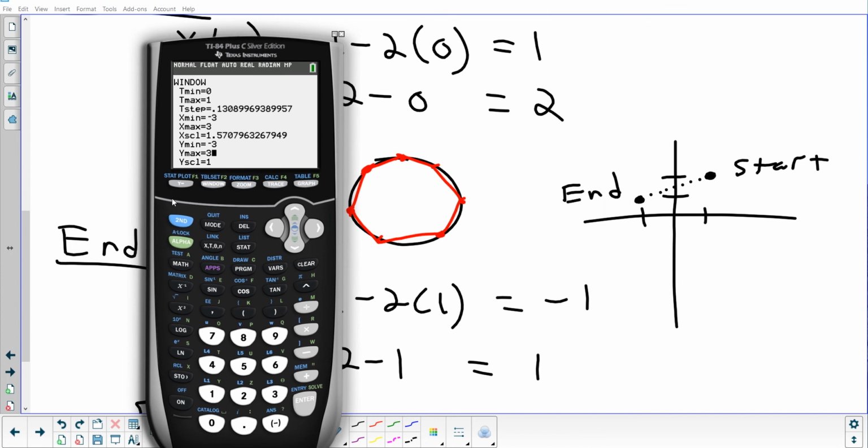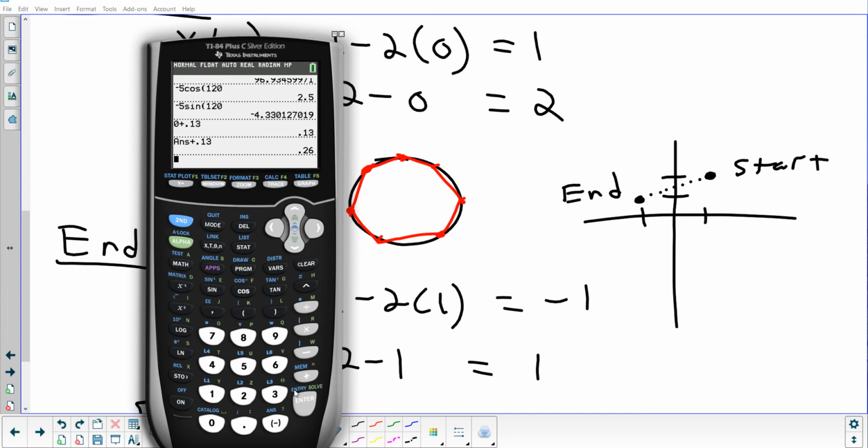So in this case, the step is set to 0.13. That means the calculator is going to use the following t values. It's going to start at 0. And the next one is going to add 0.13. That's the next t value that it would use. And it's going to plug that number in for the x, plug it in for the y, and plot a point.